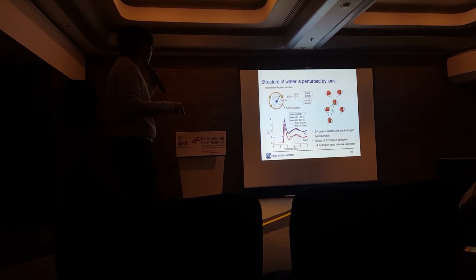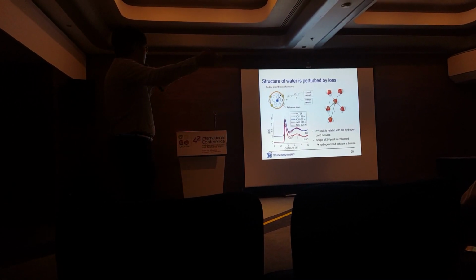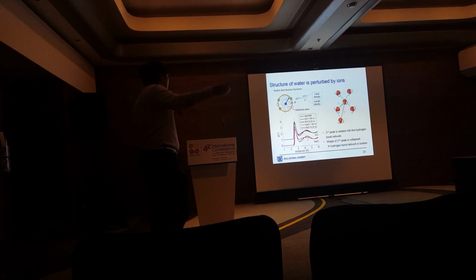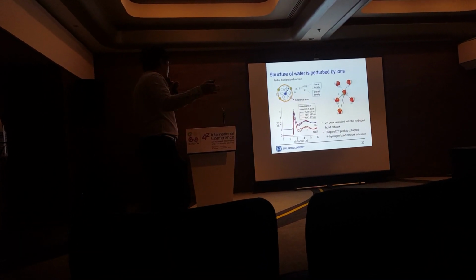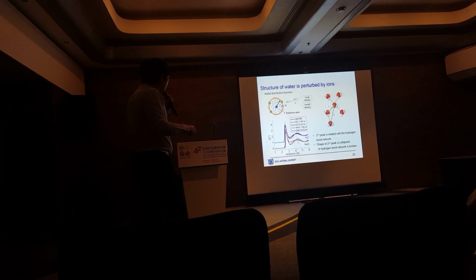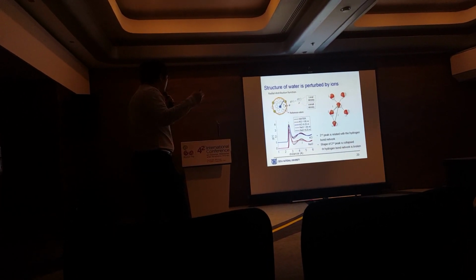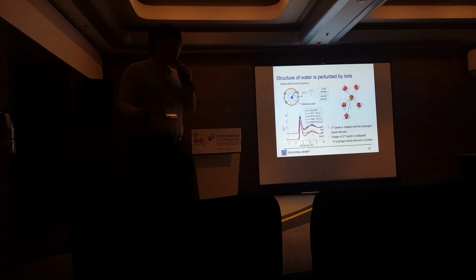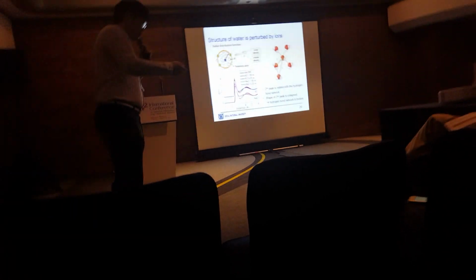The first peak means the nearest distance between the water molecules, and the second peak is related with the hydrogen bond network. As you can see here, the shape of the second peak is collapsed with the salt concentration. This means the hydrogen bond network is broken when the ions are added.